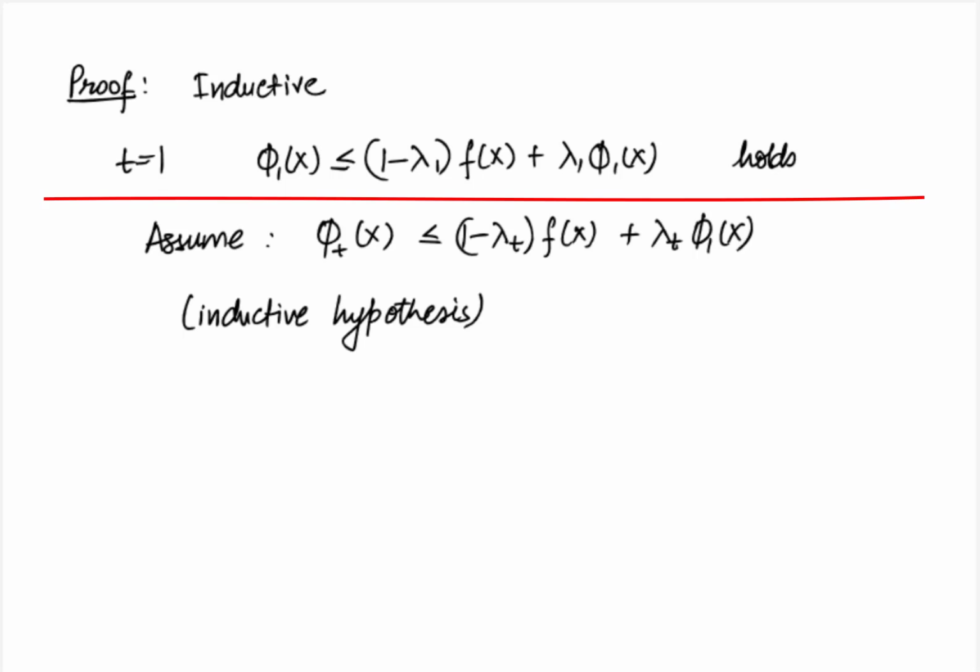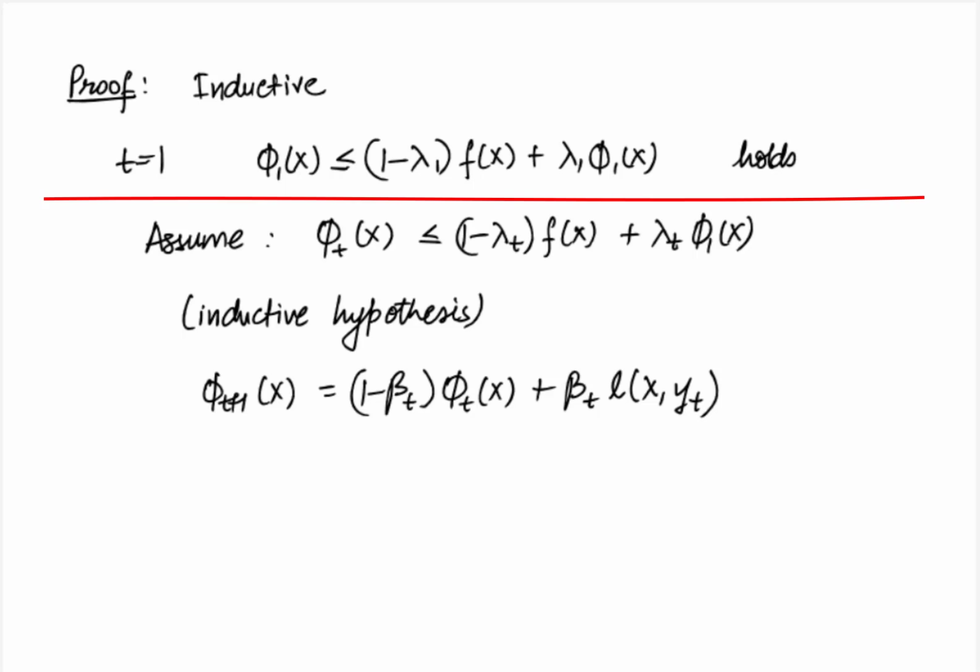Under this hypothesis, we will therefore try to prove that it is true for t plus 1 as well. We proceed by expanding phi t plus 1 of x is equal to (1 minus beta t) phi t of x plus beta t times L of x comma yt, which is the given form.